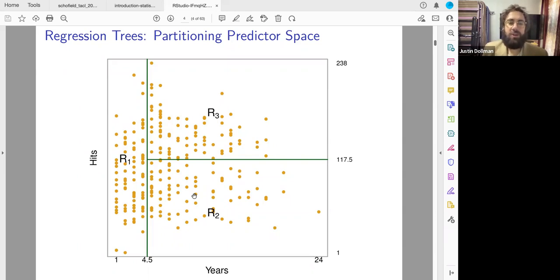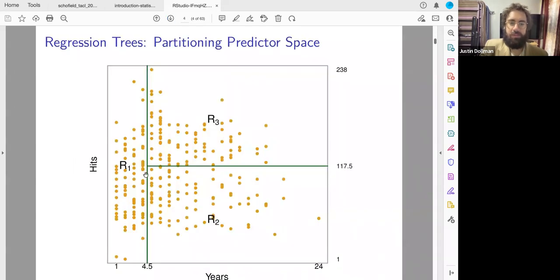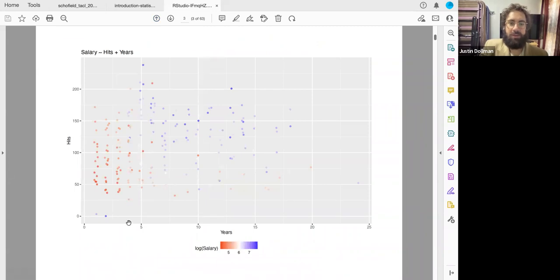What's not really apparent from this is that each region will have a corresponding prediction. For example, for region 1, we'll go back to this slide. I'm going to toggle back and forth between these two. If we go to the raw data without the regression, notice that over here to the left, basically all the dots are red, which means they have a low salary.